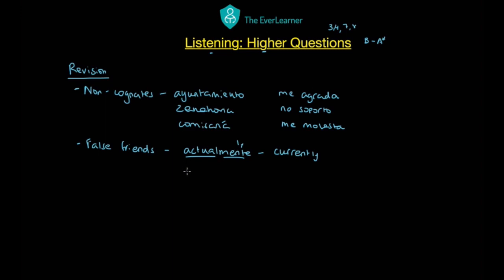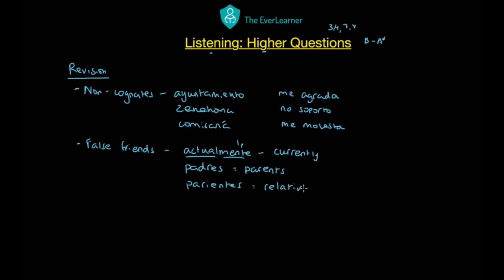Other quite common false friends are things like padres, meaning parents, which of course you do know, but when you're doing the listening, suddenly all these things get wiped off your brain straight away. And also things like parientes, which is not parents, but relatives.